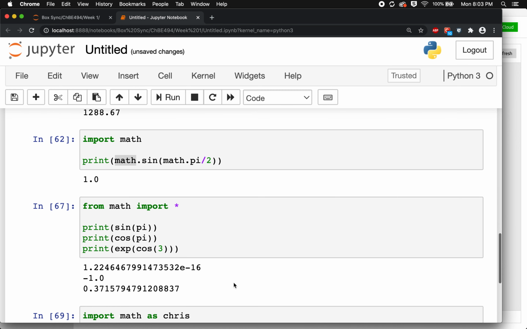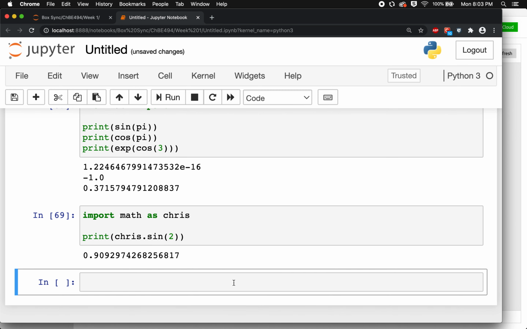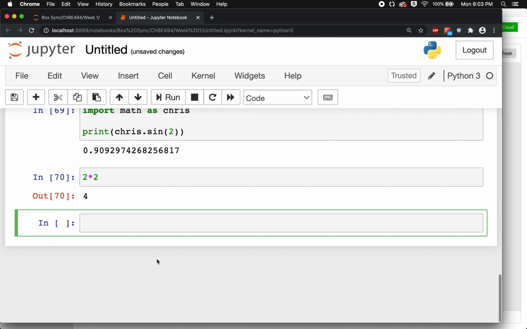Sorry to keep on scrolling. Anyway, that's a basic overview of variables, using basic calculations, and using the print statement to print out those comments. If you have a simple operation at the base of a cell, like 3 times 2, it's going to print the output.